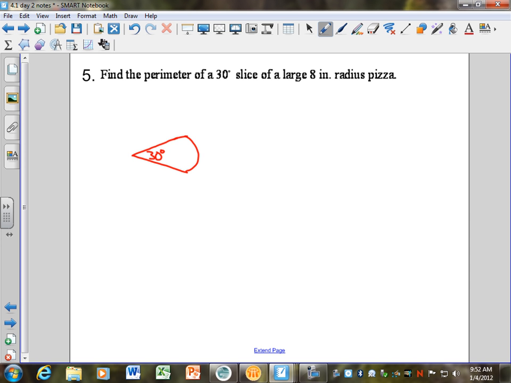I'm going to just draw this lovely little 30-degree pizza because I'm sure the pizza people always make sure they cut their pizza slices in equal angles. Do you ever get that really skinny slice of pizza and you're like, what?